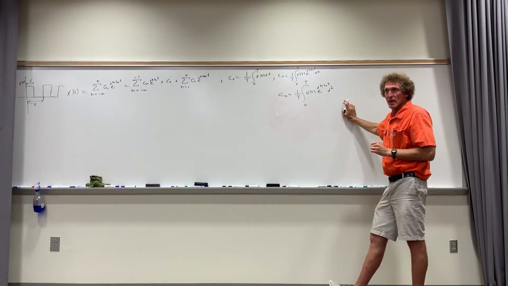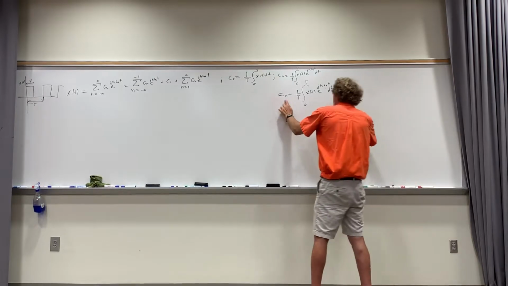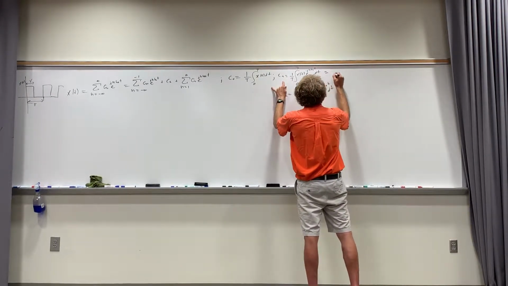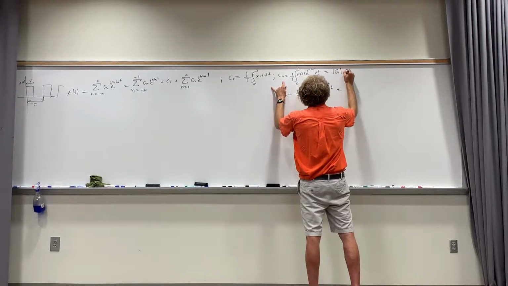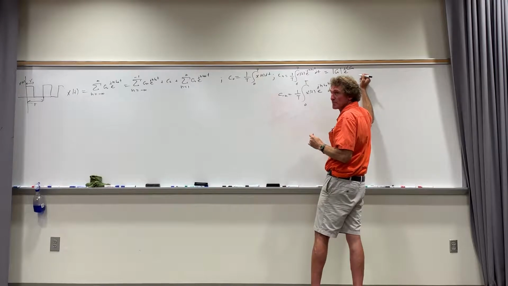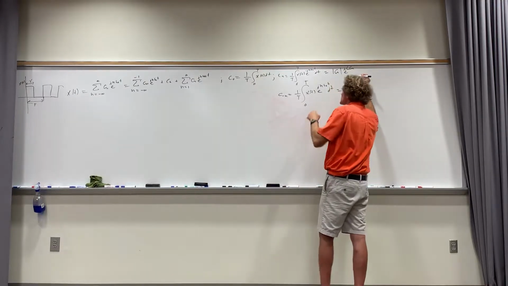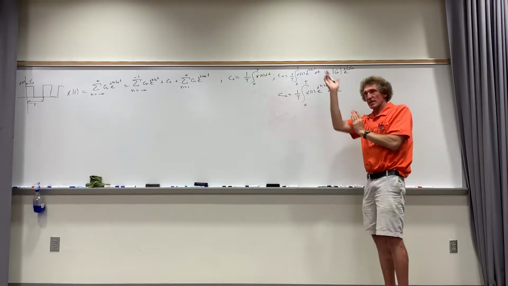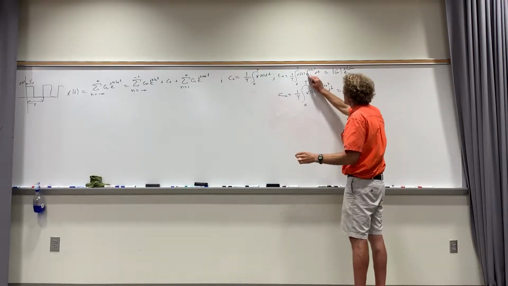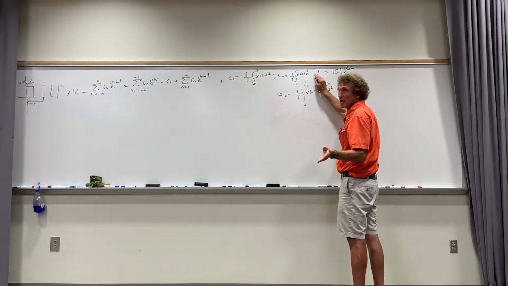Agreed? Now, you can think of C of n as some magnitude of C of n, e to the j phase angle of C of n. Does that make sense? Right? It's a complex number in general. It's got a magnitude and an angle, correct? Notice, there's the angle, minus j n omega naught, right? That's the imaginary part.